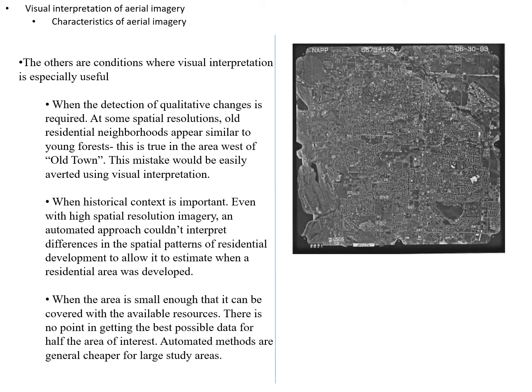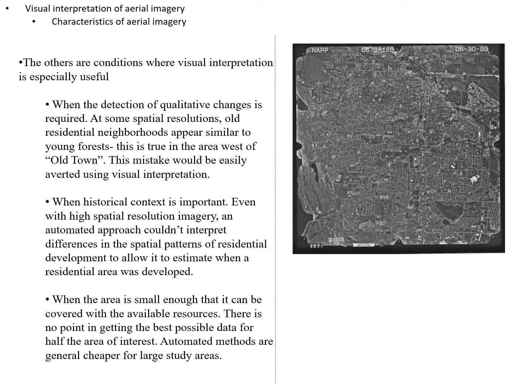You can tell the difference because they switch from gridded streets to the more curving suburban layout that you're probably familiar with.